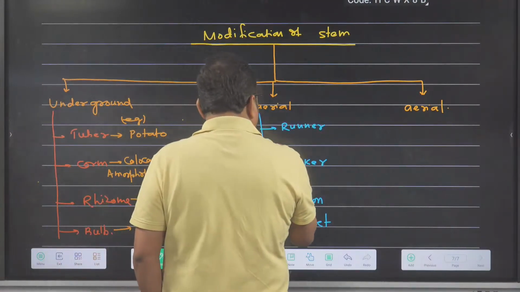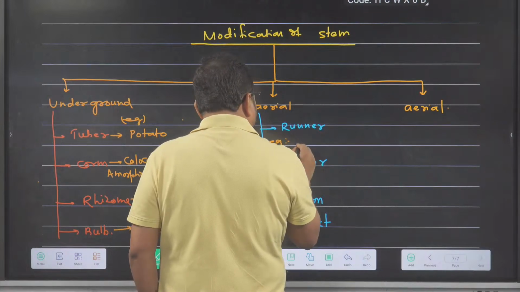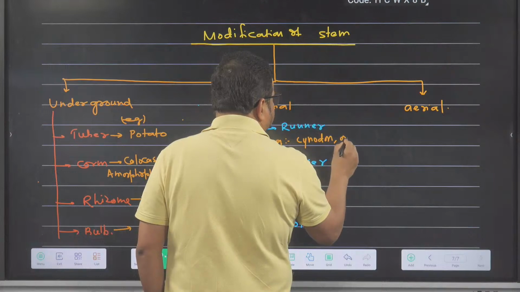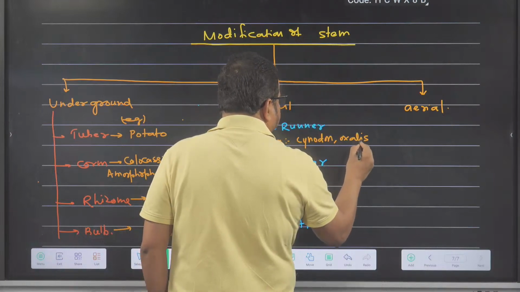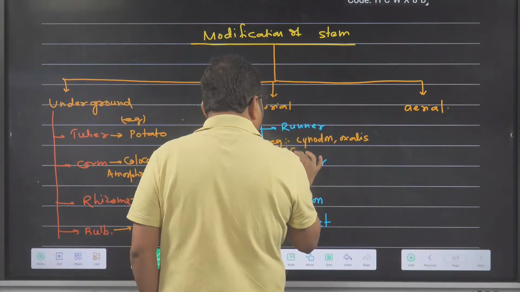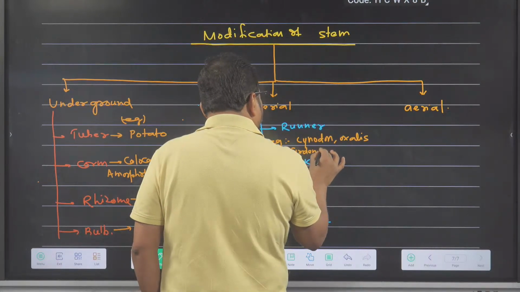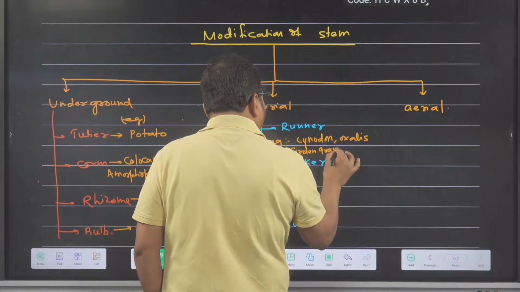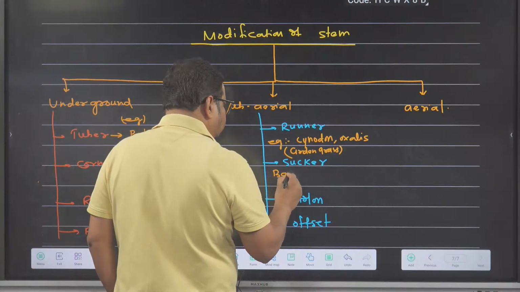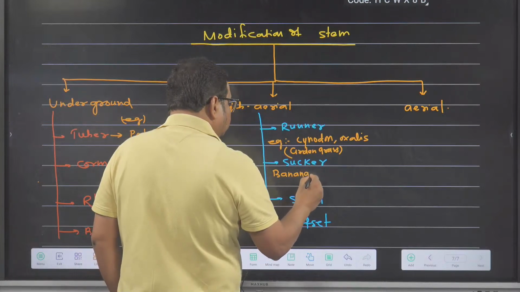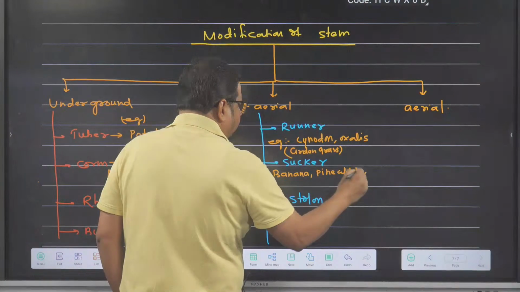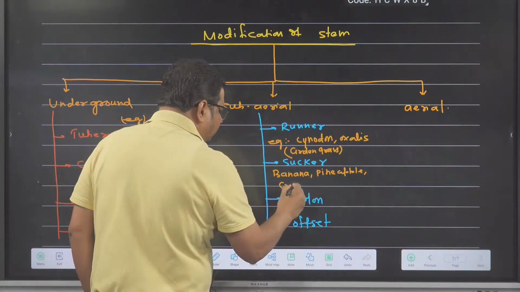Runner examples are cynodon and oxalis, from the lab manual. Cynodon is also called garden grass. Sucker examples are banana, pineapple, which are also written in the NCERT theory book, and chrysanthemum.